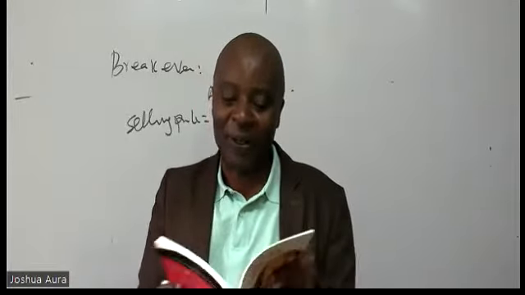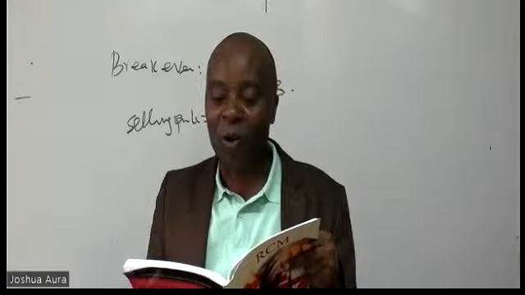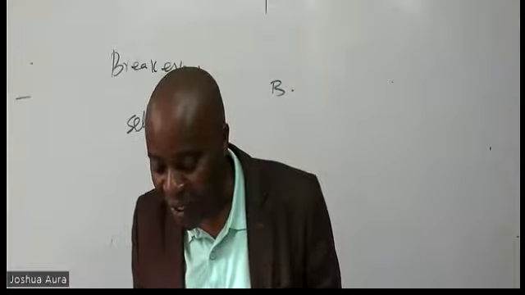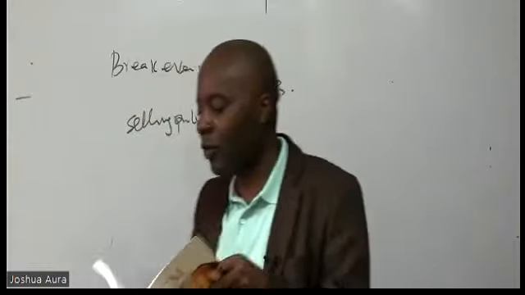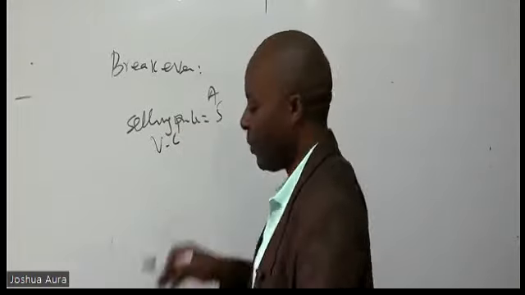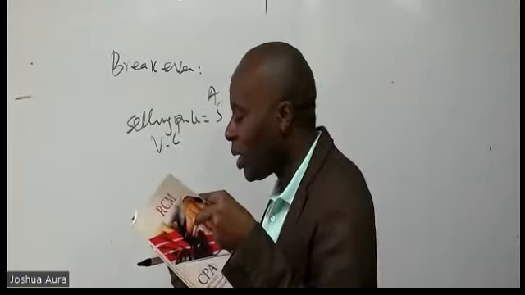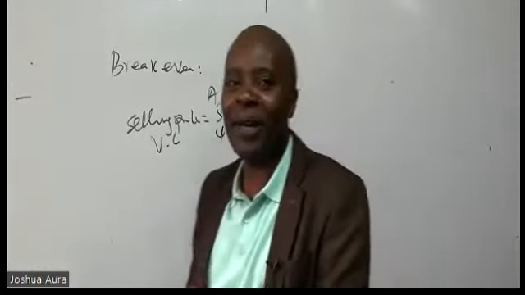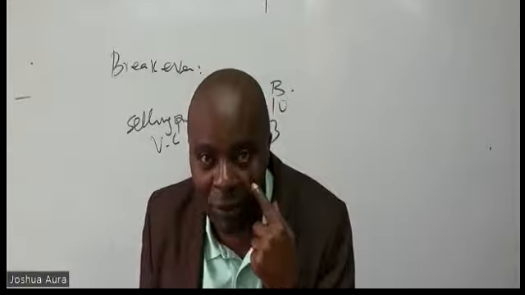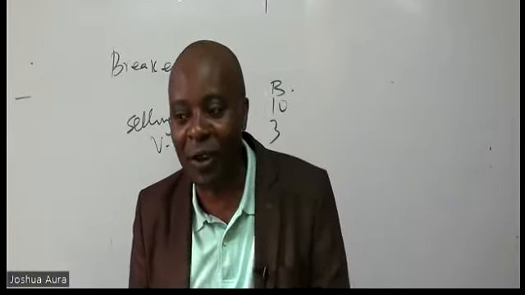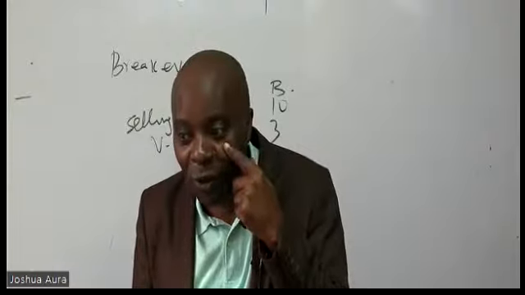From additional information 1, are you able to see the selling price? Note 1, the selling price is 5 and 10. Variable cost, note 2, we can see 4 and 3. When I see selling price and variable cost, what should come to my mind very fast, even if I don't know what is being asked?